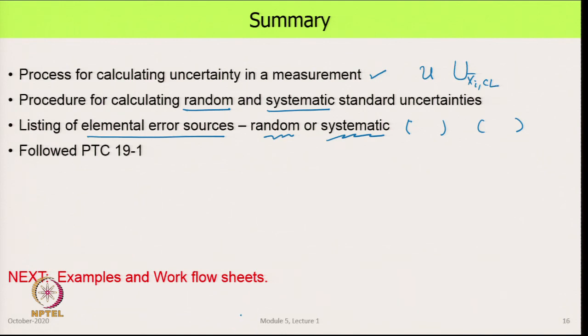And what we have done, we have largely followed the procedure of PTC 19-1, which for all practical purposes is identical to ISO GUM, and about that we will see a little more in the next lecture.